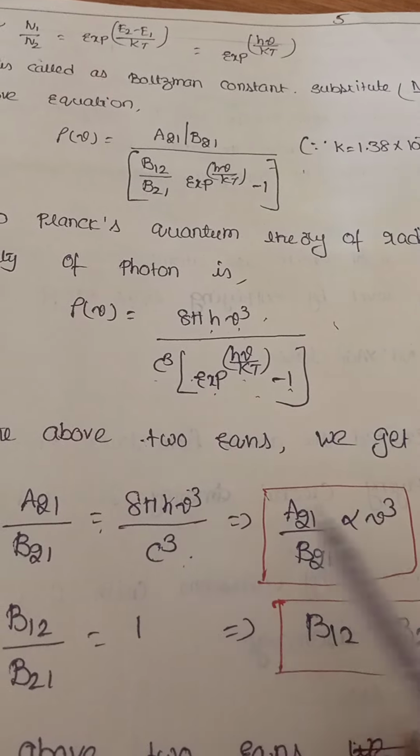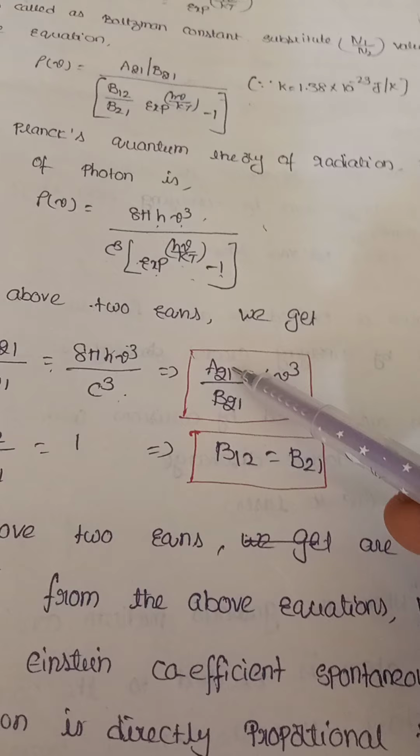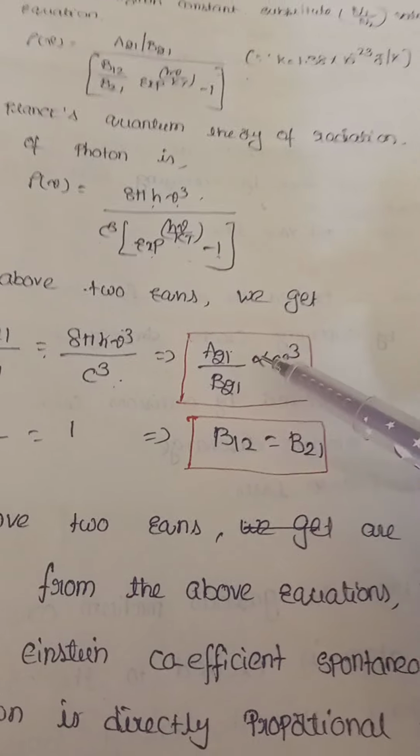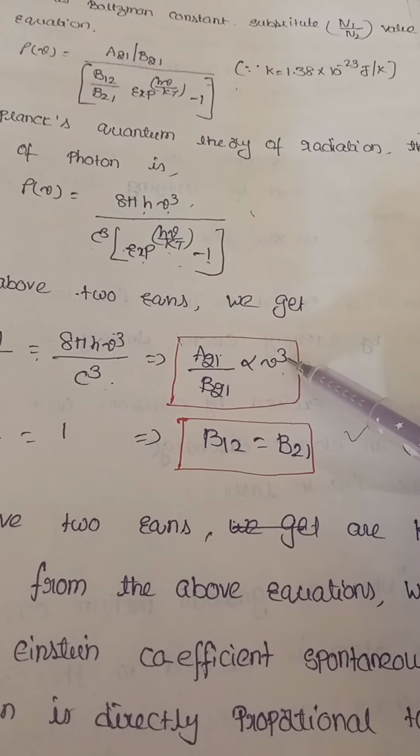That's why I have written A21 by B21 is proportional to the frequency cube, and from this equation we can write B12 is equal to B21. These two relations are Einstein's relations. The first relation says that the ratio of the Einstein coefficient of spontaneous emission to that of stimulated emission is directly proportional to the frequency cube.